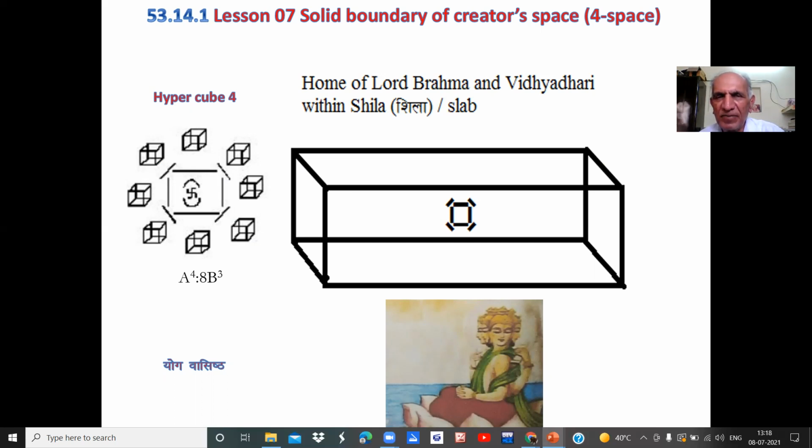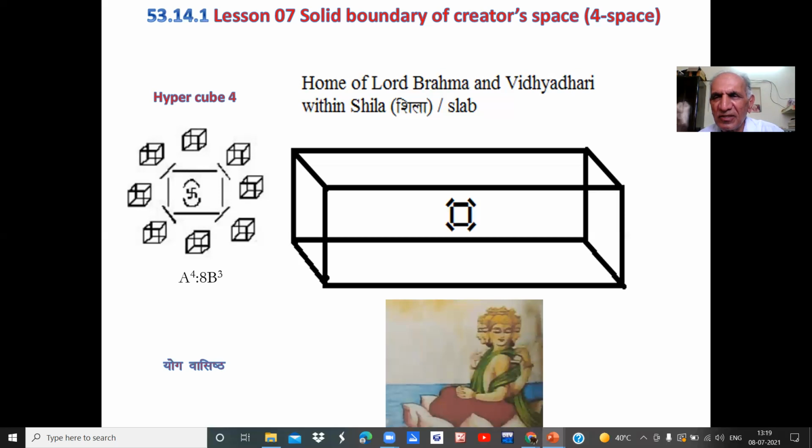The enlightenment preserved is that within a Shila slab is the home of Lord Brahma and of Vidyadhari. The origin of 3 space is 4 space. Every 3 space body has an origin fold in the role of a 4 space.